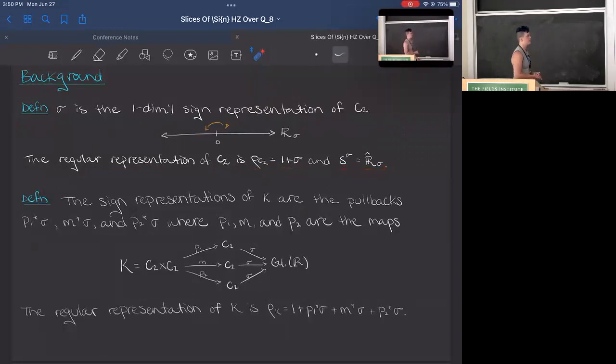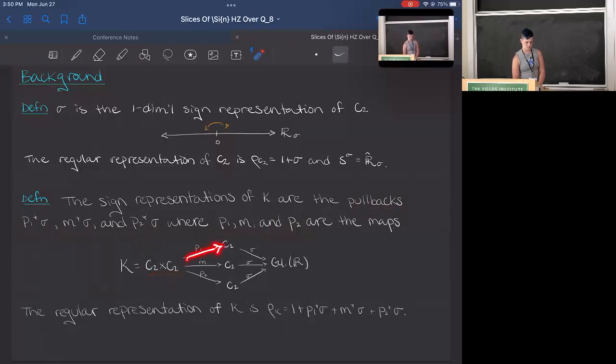We're going to be talking about various groups today, including Klein 4. So of course we want to know about the representations of Klein 4. It has 3 sign representations. They are the pullbacks, P1 star sigma, M star sigma, and P2 star sigma, where P1, M, and P2 are these maps. We'll start at Klein 4.